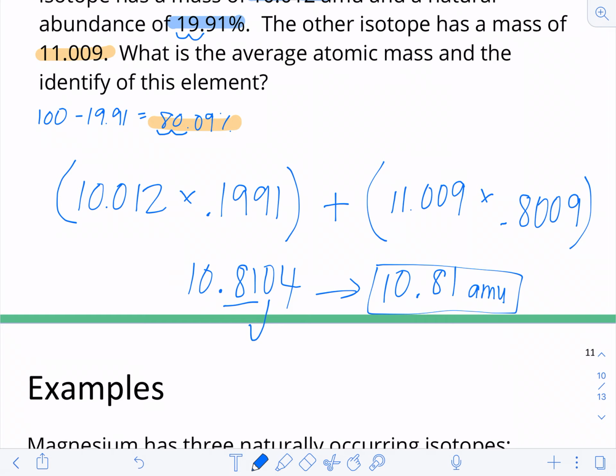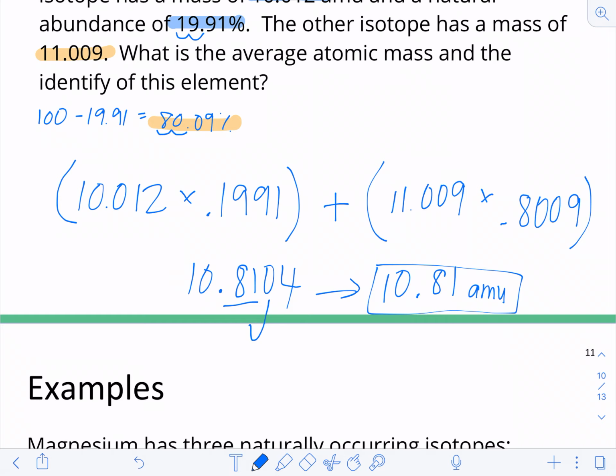The other question this is asking is for us to figure out the identity of this element. Basically, what we need to do is go to the periodic table, take a look at the average atomic masses of elements, and find whichever one is 10.81 or really close to 10.81. Remember, sometimes periodic tables have different masses because they may have calculated something in a different way, or got their data from a different place, but typically the masses are very close to each other.